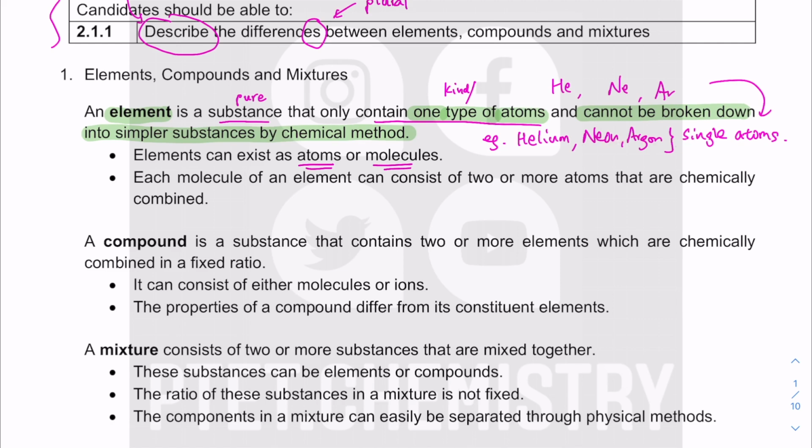That is an element. But you also get things like nitrogen, oxygen, hydrogen, fluorine, chlorine, etc., and these are N2, O2, H2, F2, Cl2, Br2, I2.